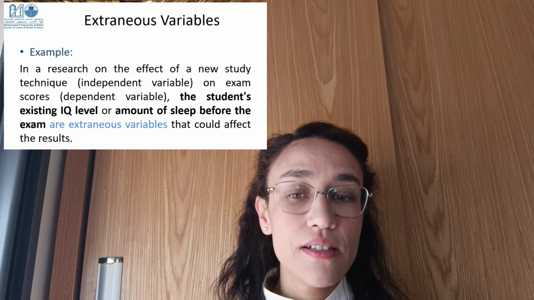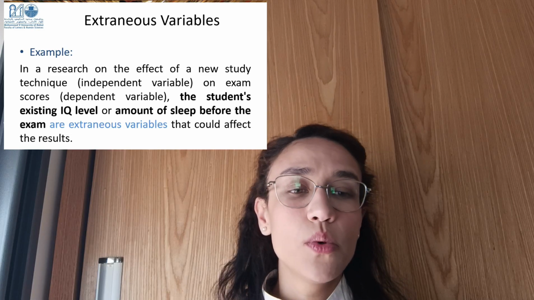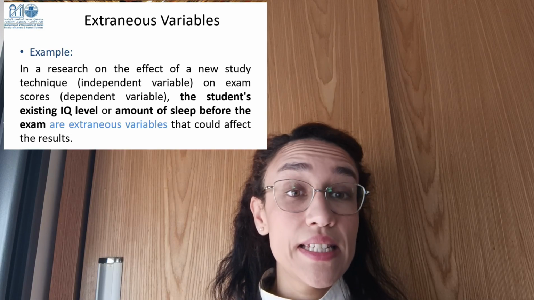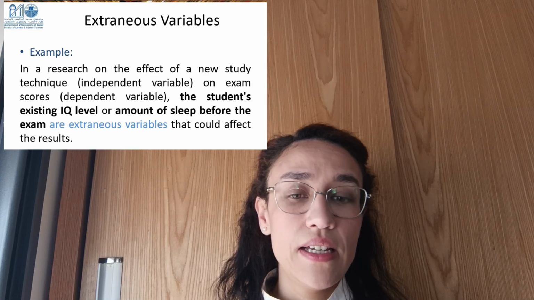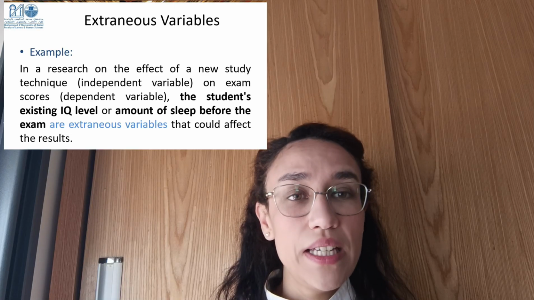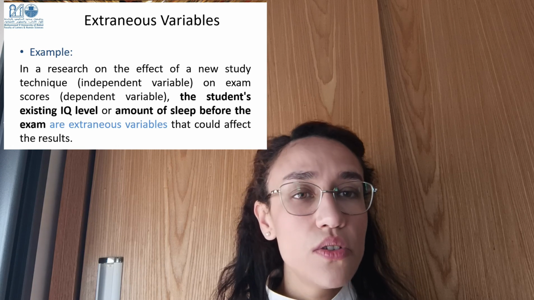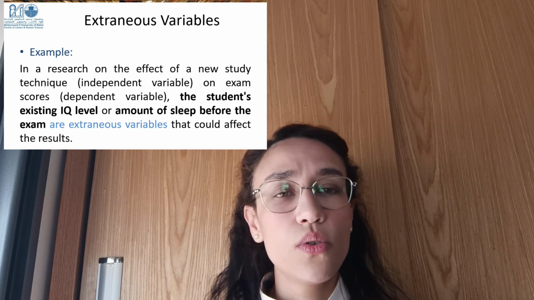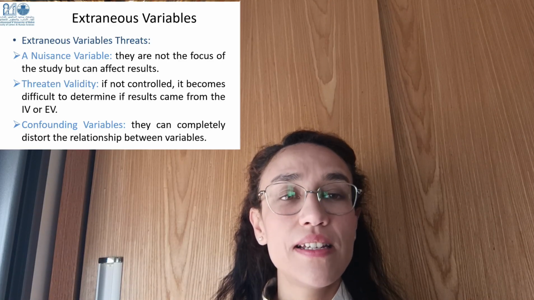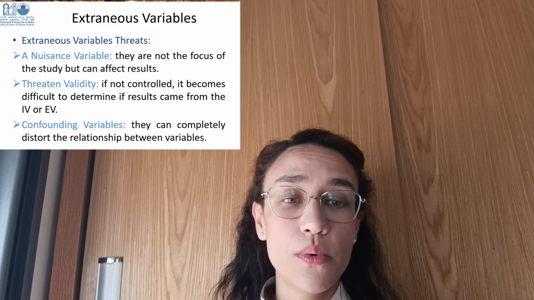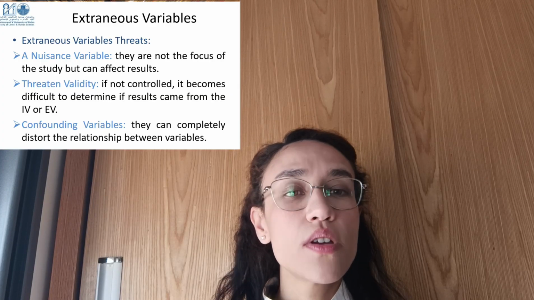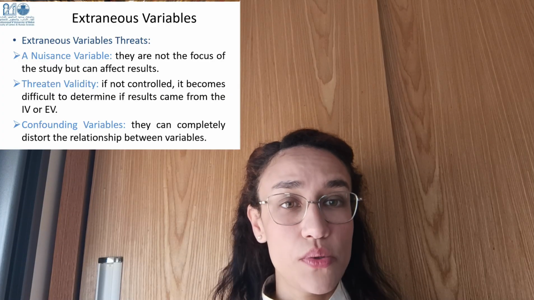So in this, the independent variable is the new study technique. The dependent variable will be the exam scores, and the extraneous variables would be the students' existing IQ level or amount of sleep before taking the exam. So an extraneous variable can impair the research by acting as a nuisance variable, meaning that it is not the focus of the study, but it can affect results.